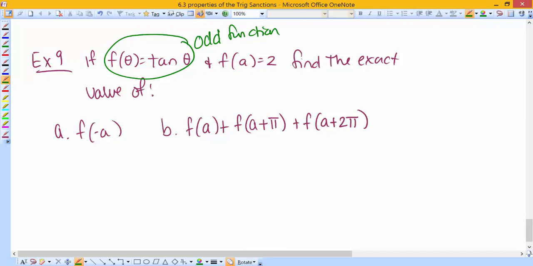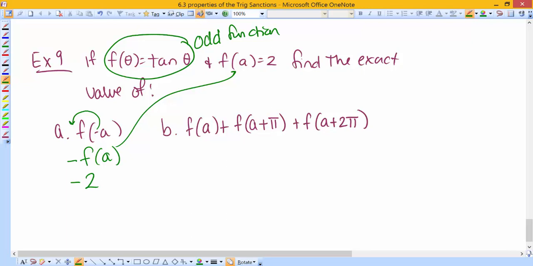The reason I know to think about that is because I have a negative inside of the parentheses, and I don't know what f of negative a is. I know what f of positive a is. Because tangent is odd, I can move the negative out front. So this is negative f of a. Now I know what f of a is. F of a is 2, so it's negative 2.